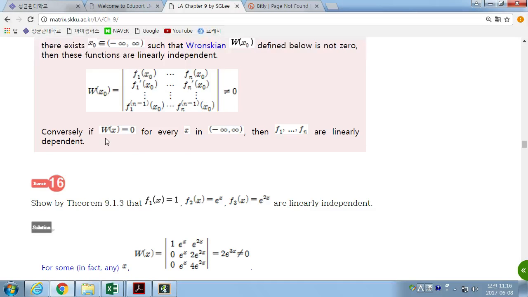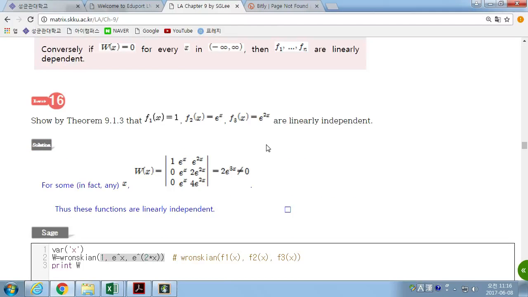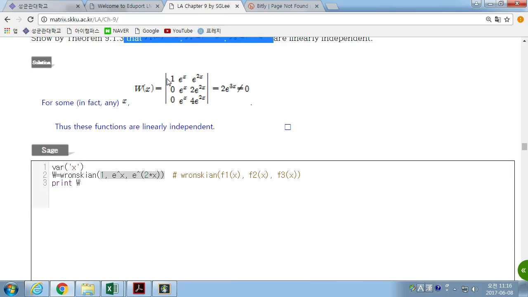Okay, if the Wronskian is a zero function all the time, if the Wronskian is zero for every x, then we can say they are not linearly independent, so they are linearly dependent. For example, if we have three continuous functions like this, which are differentiable, then we can have the functions here, and first derivatives of this, and second derivatives of that.